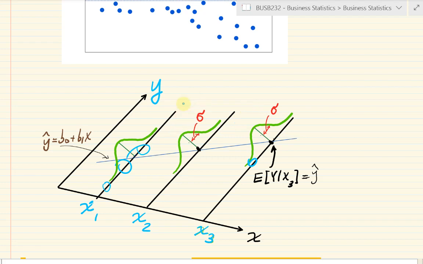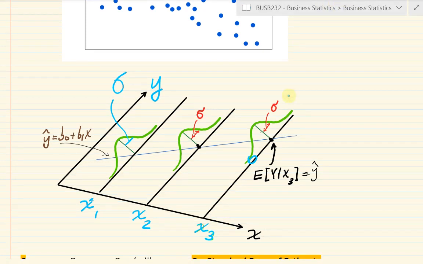That would be sigma. You see that? Oops, sorry, let me put that line back on there. So anyway, that's the assumption of normality at every level.